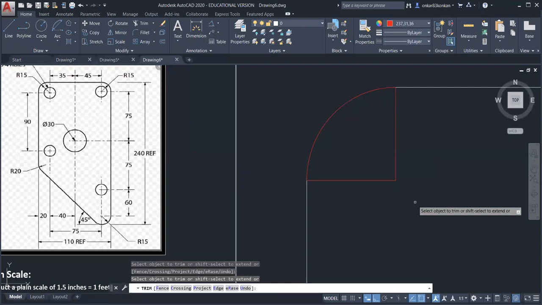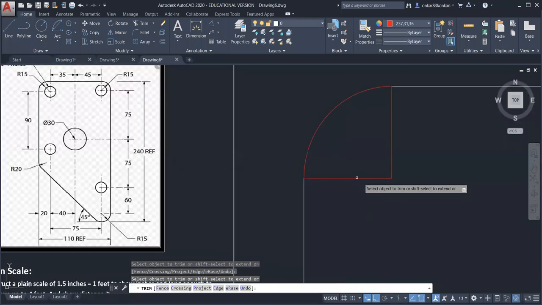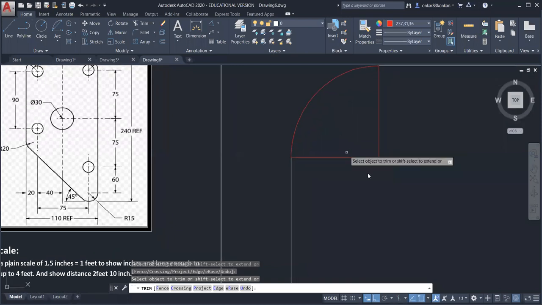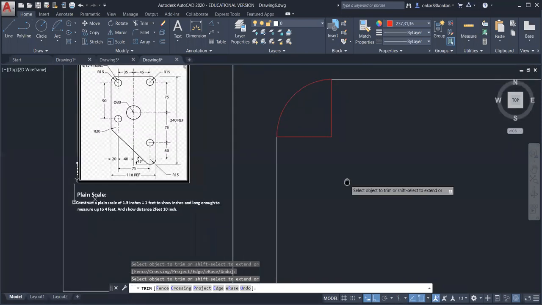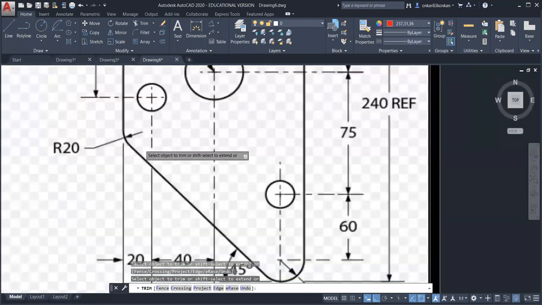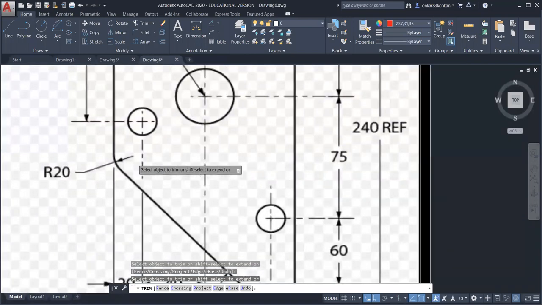So you will get the fillet like this. So this is called a fillet curve. So similarly, you can draw the fillet curve for this R20.